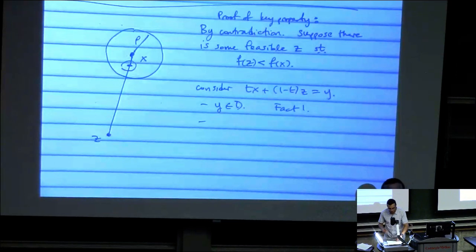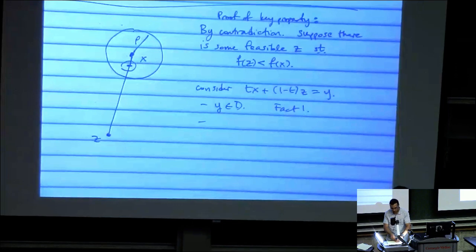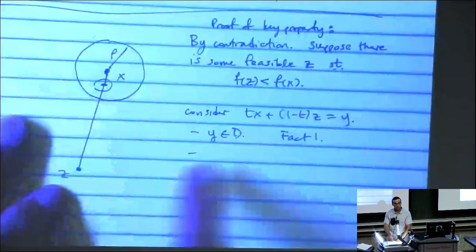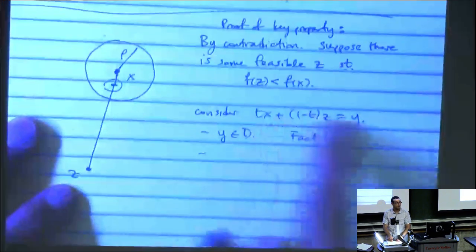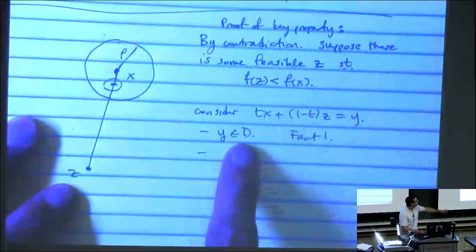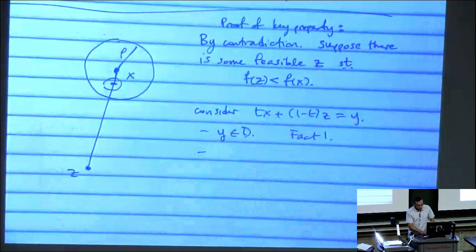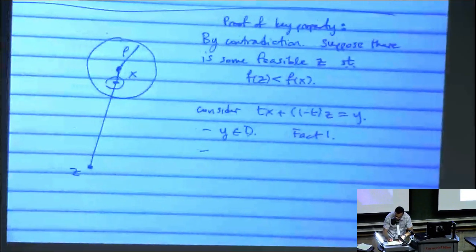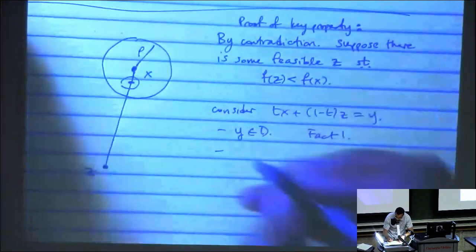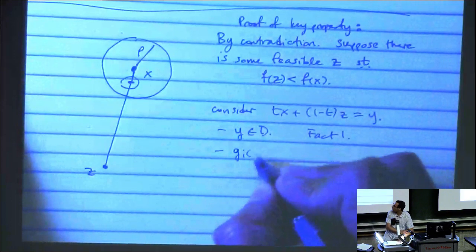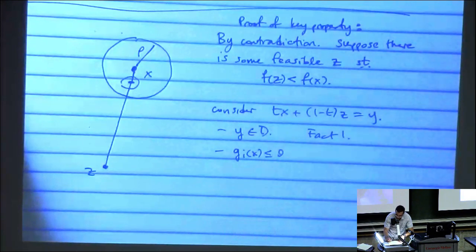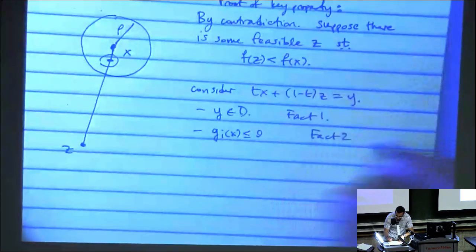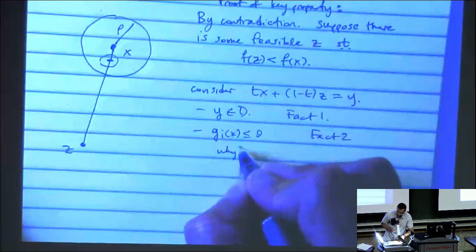So I took one point z that's in D, another point x that's in D, and this is a point on the line segment in between the two of them, so it must also be in D. All right, just using this property of convex sets here. That's it. The other fact that we're going to use is that all the gi of y's are less than or equal to 0, at the point y.